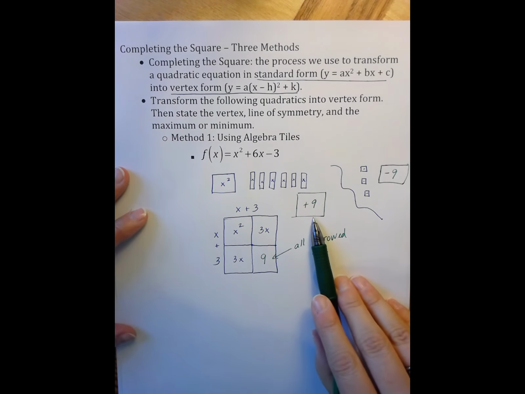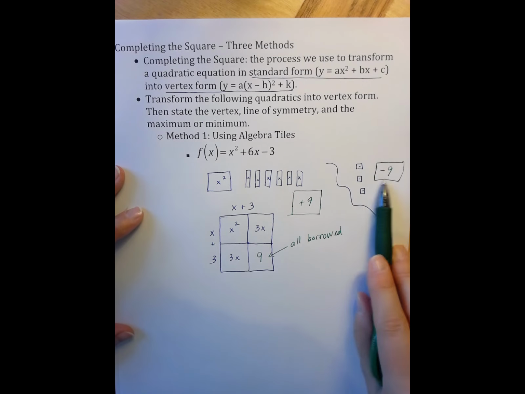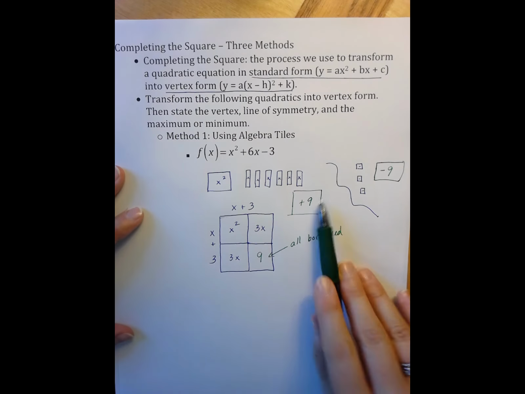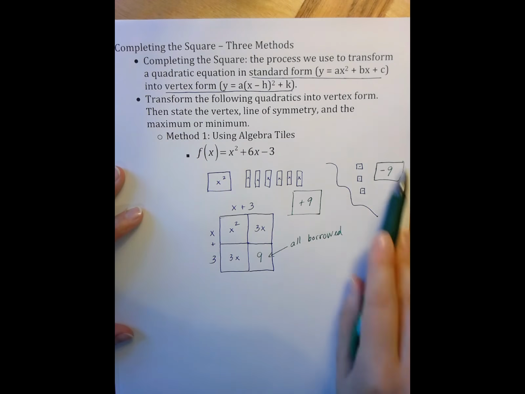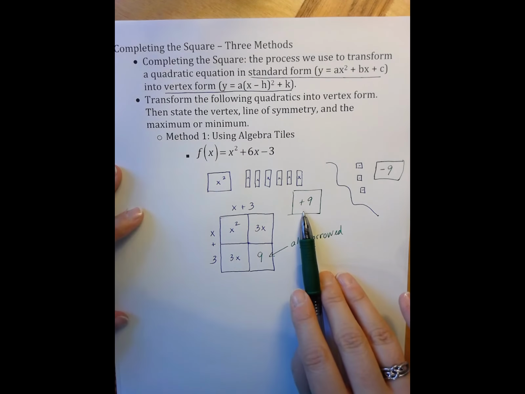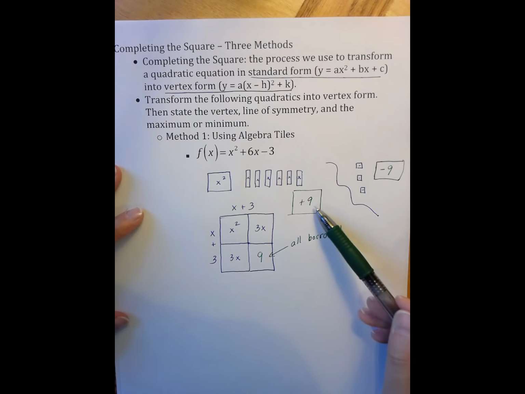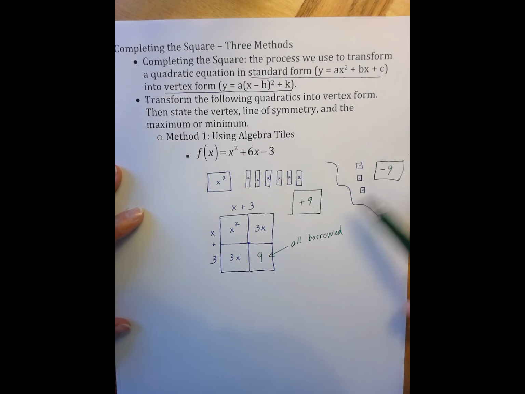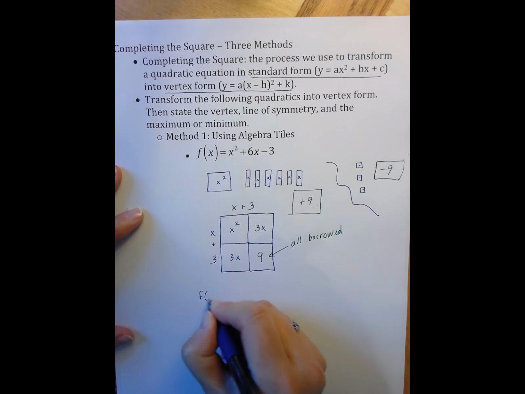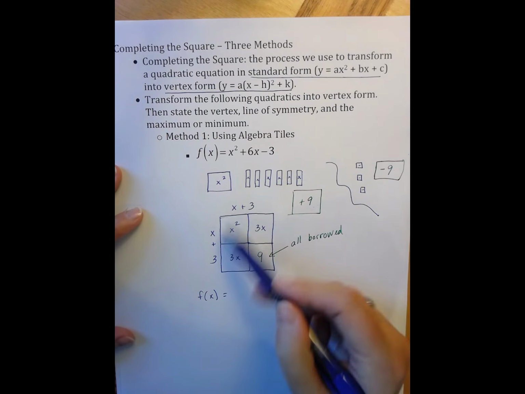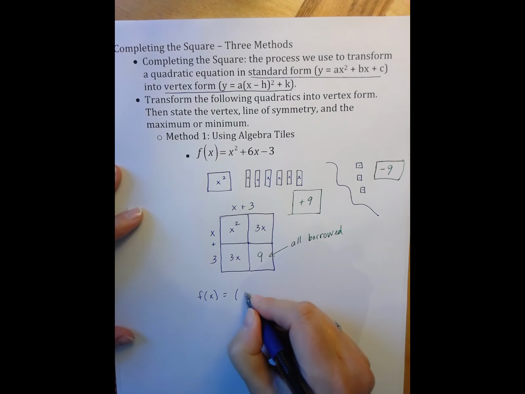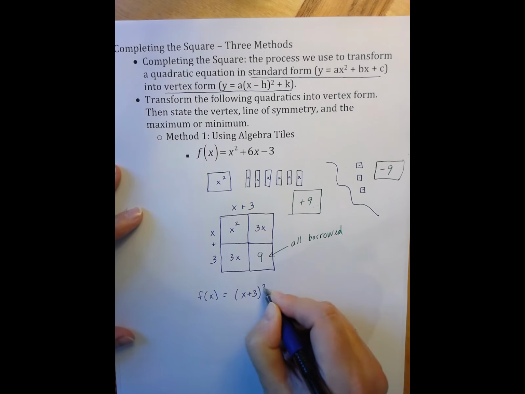And I want you to notice that I've done this in a different color because I want you to notice that by adding 9 here and subtracting 9, I haven't actually changed what I had because a positive 9 and a negative 9, they cancel. So now I can write my answer, f of x equals, I'm going to write my perfect square. That's x plus 3 quantity squared.